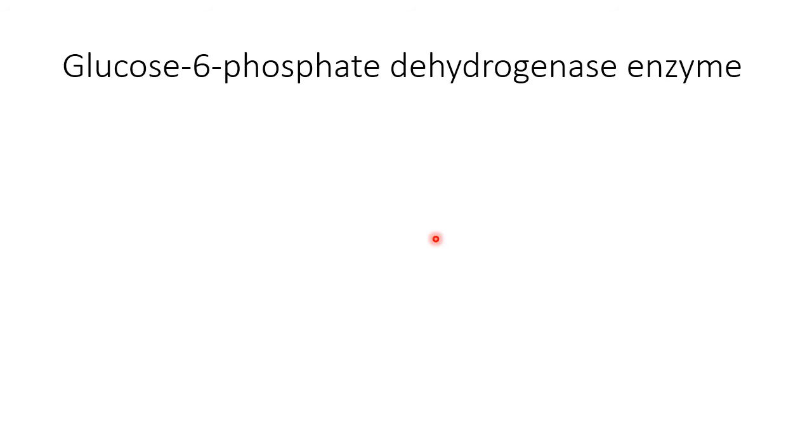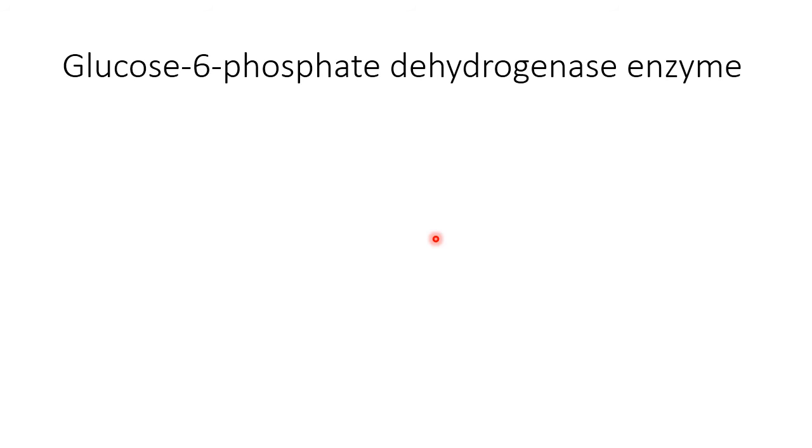The most common enzyme whose deficiency leads to hemolytic anemia is glucose 6-phosphate dehydrogenase, followed by pyruvate kinase. This enzyme deficiency is inherited in an X-linked recessive pattern. That means the females are the carriers and the males get affected. The highest prevalence is seen in the Middle East, tropical Africa, Asia and parts of the Mediterranean.